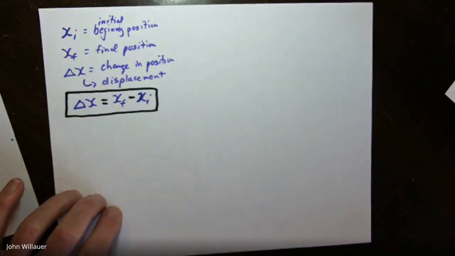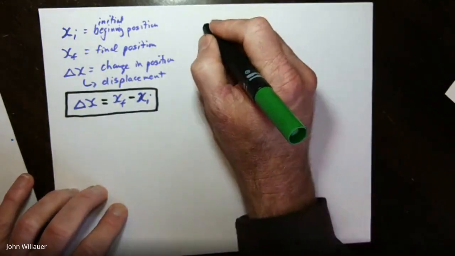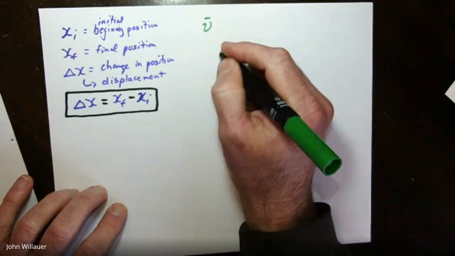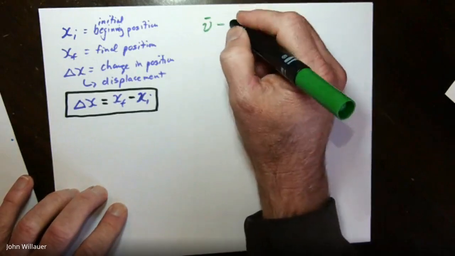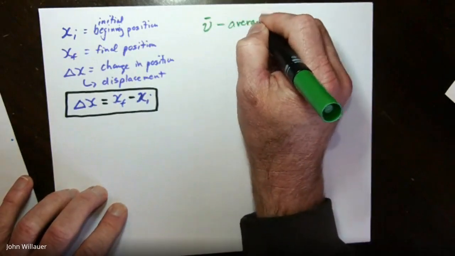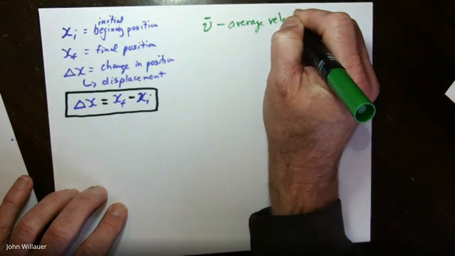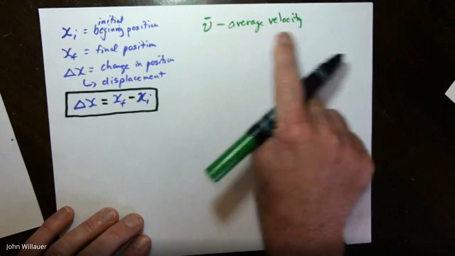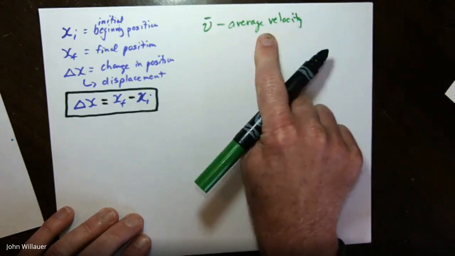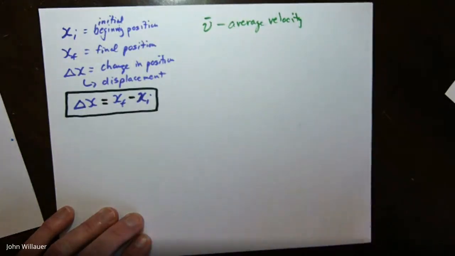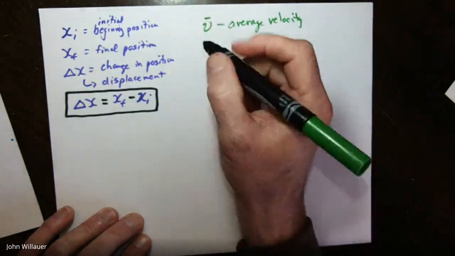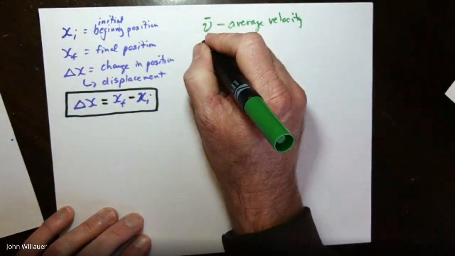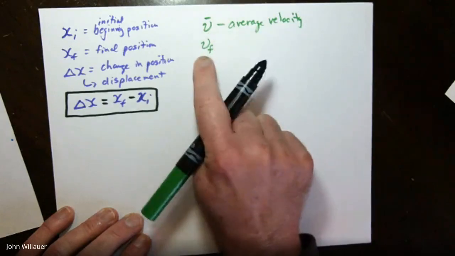And then in our last unit, we also talked about this symbol, v with a bar over it. And we know that means average velocity. Now, we also had average speed, but once we start talking about acceleration, we're all talking about vectors, so I'm just going to be dealing with this one here. So that's a symbol that we have, and now we have to concern ourselves with vf.